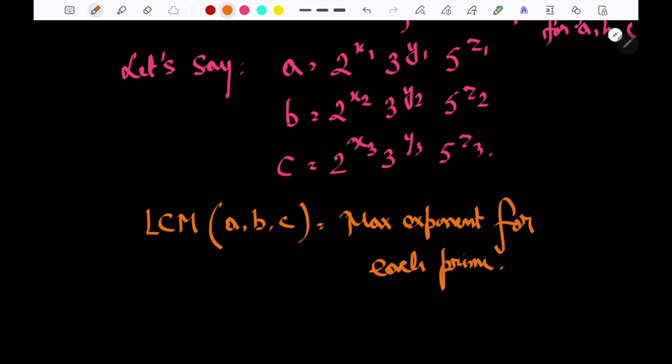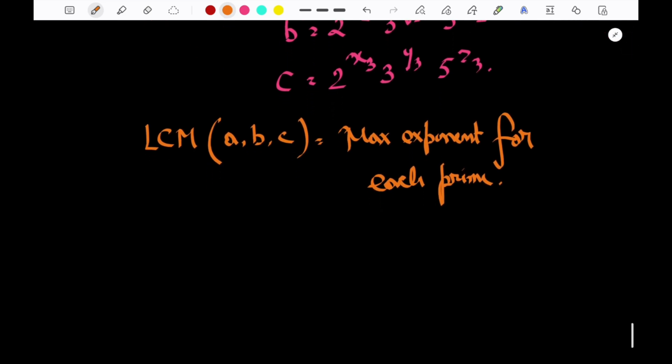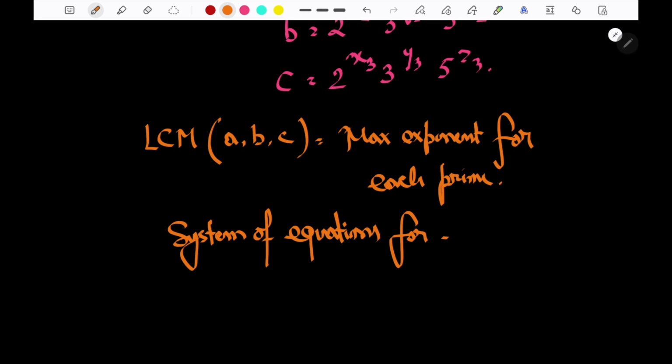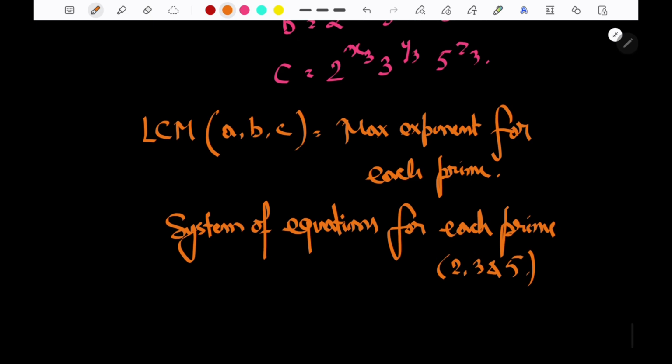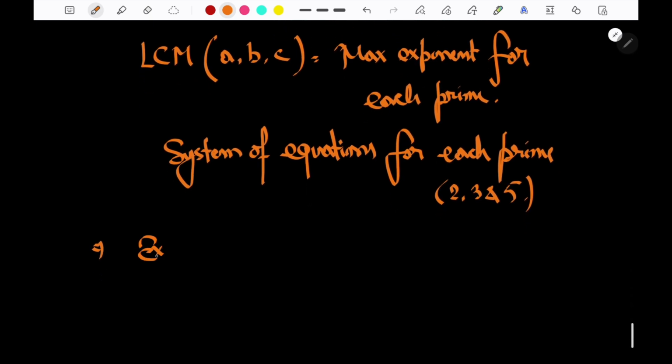Now what we can do, we can create a system of equations for each prime. Each prime means I am talking of 2, 3 and 5. Done. Now, what does this imply? It implies, let's see, exponents of prime 2.